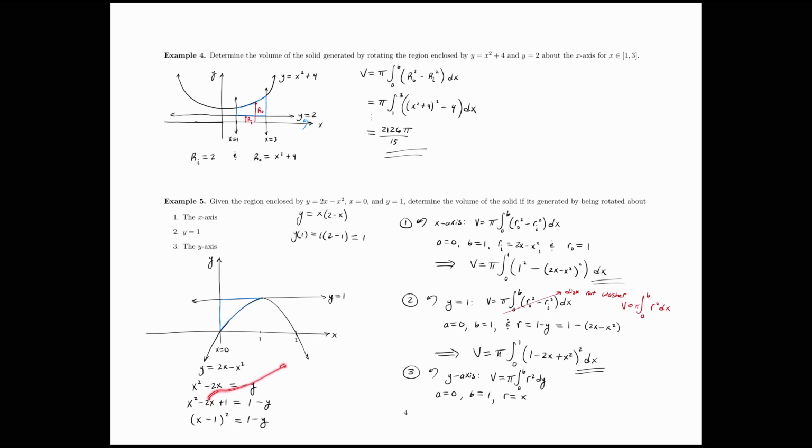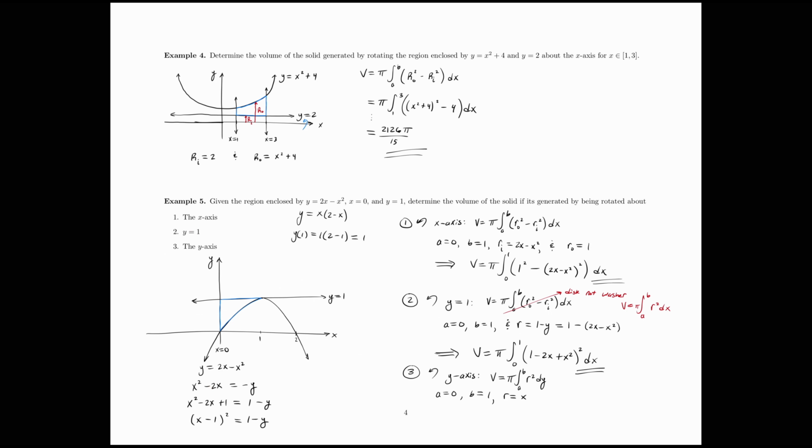So grab the coefficient, divide it by 2, then square it. So we get -1 squared, which is positive 1. So I'm adding 1 to each side. Then this collapses down into x minus 1 in this case. It collapses down into half of this number.